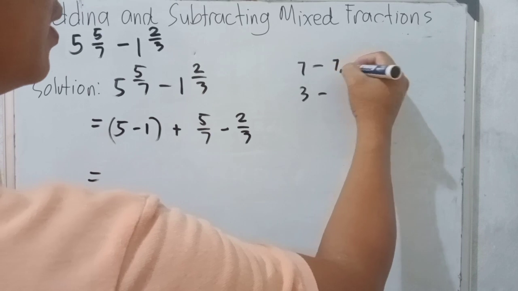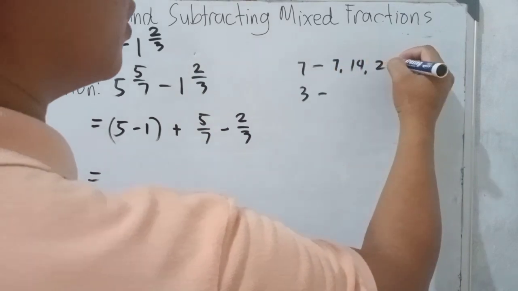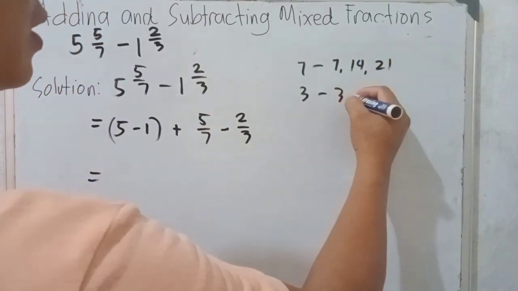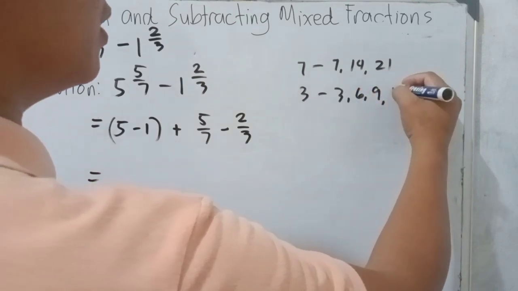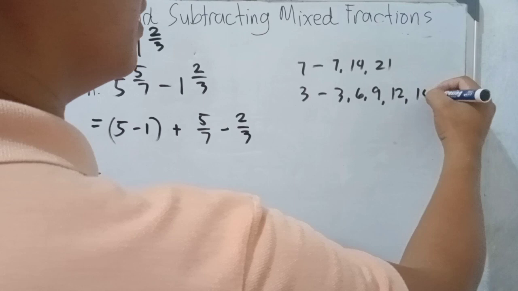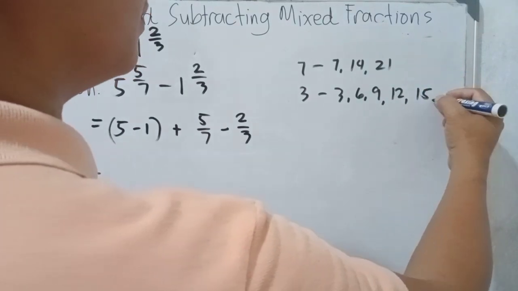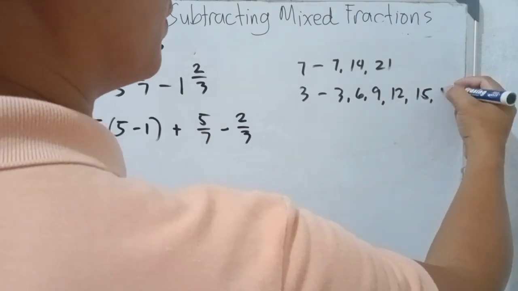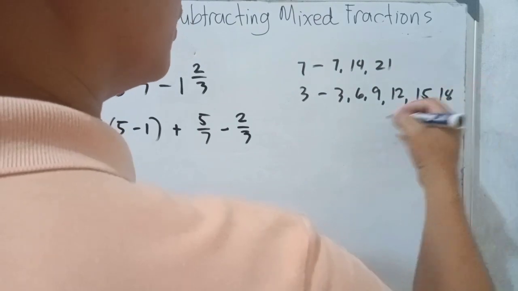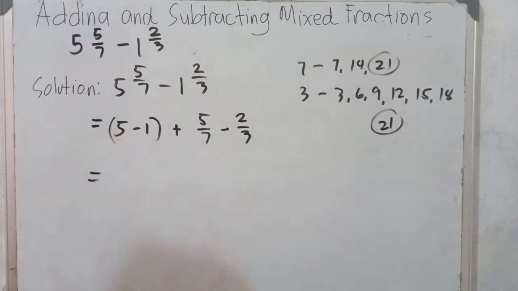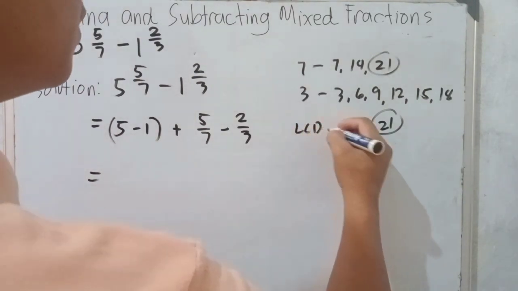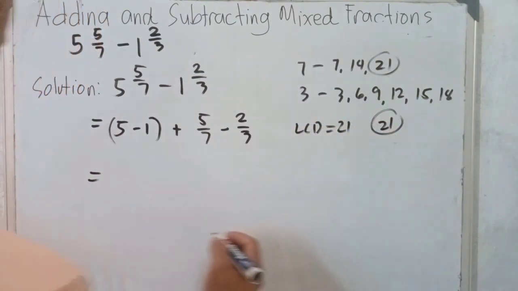So 7, 14, 21. For 3, 6, 9, 12, 15, 18, 21. So the common one is 21. So the LCD is 21.